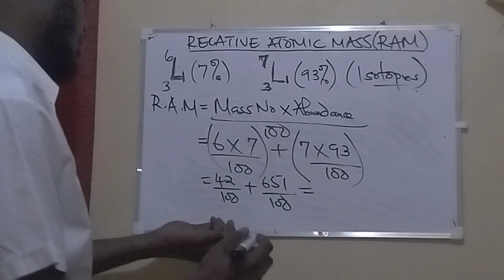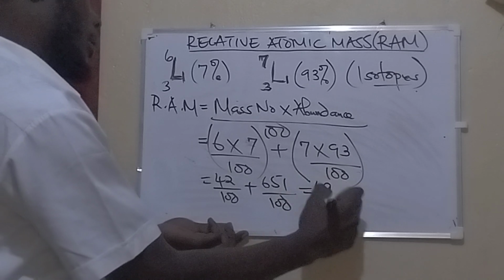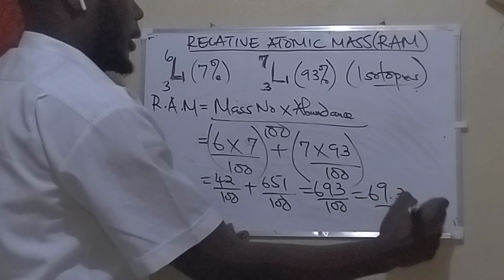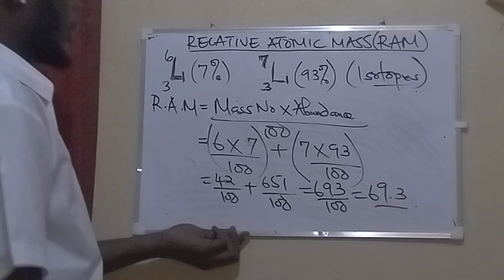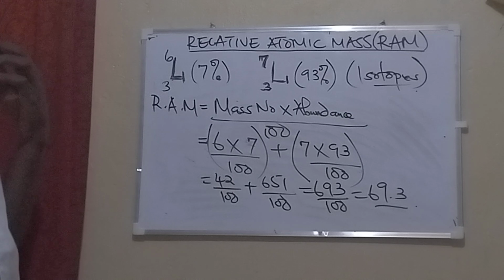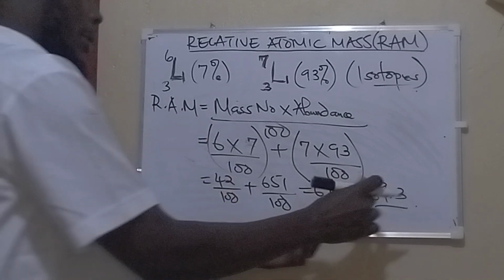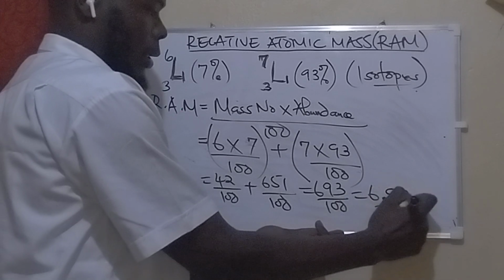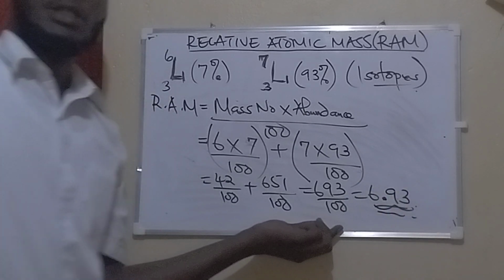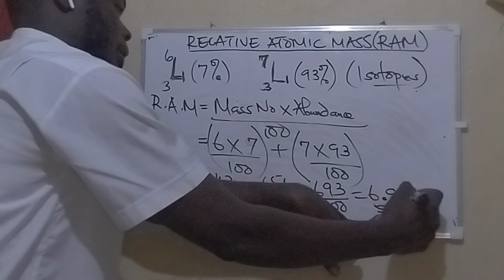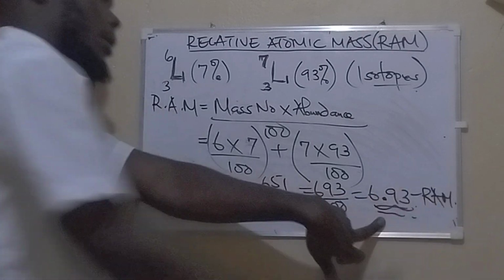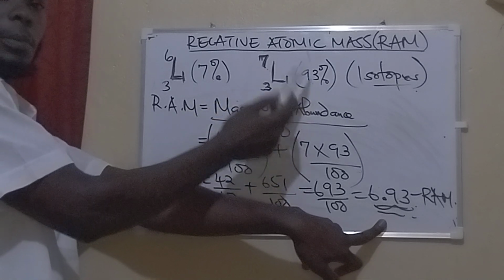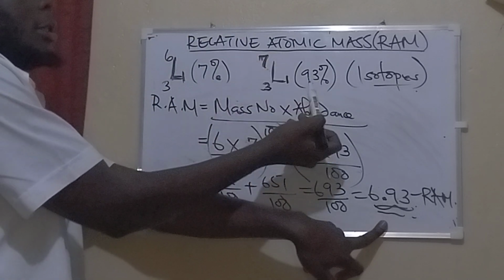So we shall get 693 divided by 100. This one will give us 69.3, not 69.3, sorry. It will give us 6.93. So we shall realize that the relative atomic mass is usually near the atom with the most abundance, which is 93.